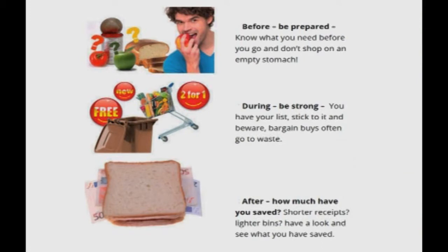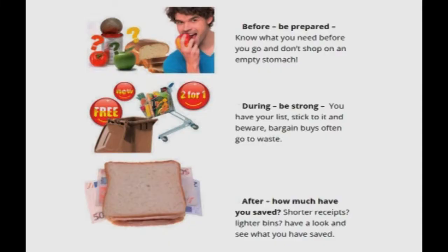You have your list, stick to it, and beware, bargain buys often go to waste. All the retailers will give deals like buy two get one free. So if we buy those kinds of food products, that food may go to waste. And the next point is after, how much you have saved. Shorter receipts, lighter bins, have a look and see what you have saved.